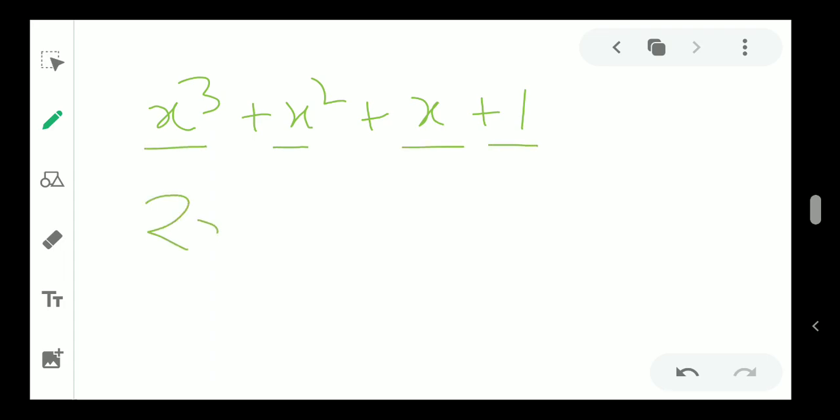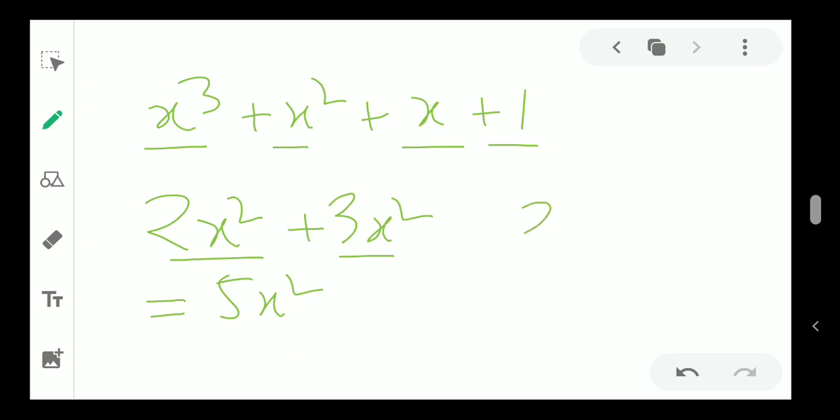You can add 2x square plus 3x square, so it will be 5x square, because these are the same quantity. But you cannot add 2x square with x, because they are different quantities.